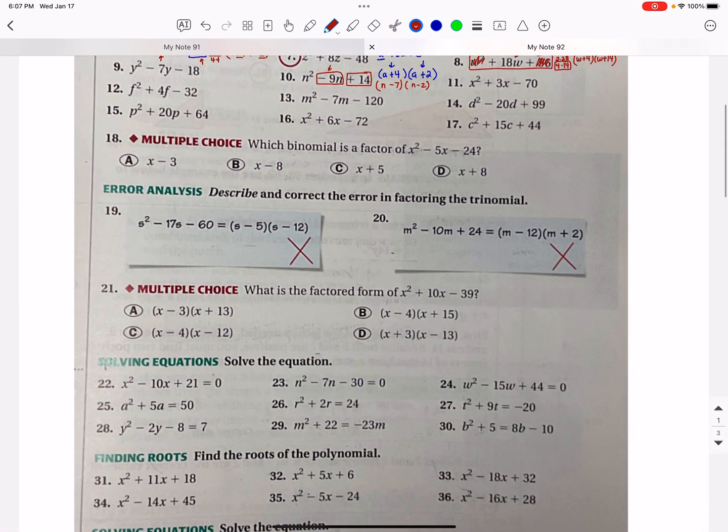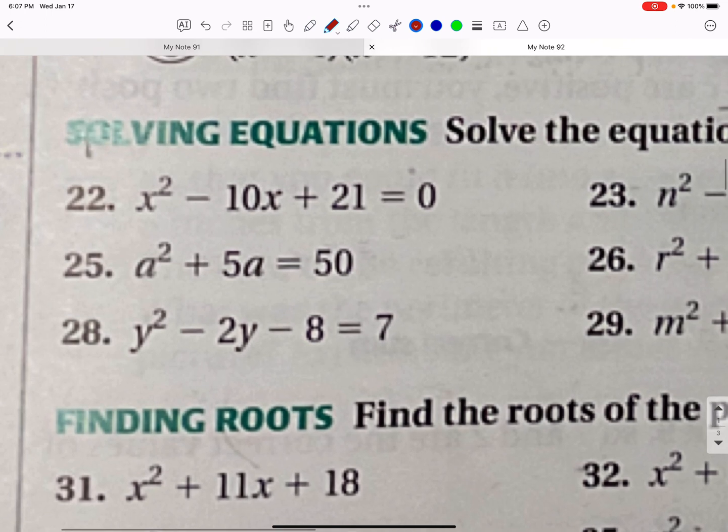Okay, next ones. Solve the equation. Remember, if this is going to equal 0, once I factor it, it's going to be really easy to tell one of the sides has to equal 0. So for 22, can I think of two numbers that multiply to 21 that add to negative 10? It's either 21 and 1, or 7 and 3.